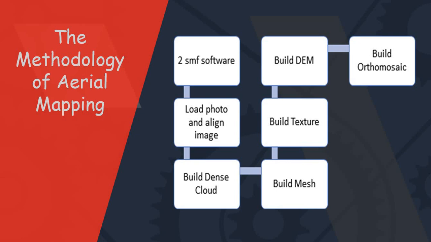For Agisoft Metashape, firstly you need to load the photos that have been given for Project 1. The location for the project is UiTM Shah Alam, and it includes 39 photos. Once the photos of UiTM are loaded, the process continues to align the photos. At this stage, Metashape creates a sparse point cloud model to determine the camera location and orientation for each shot.